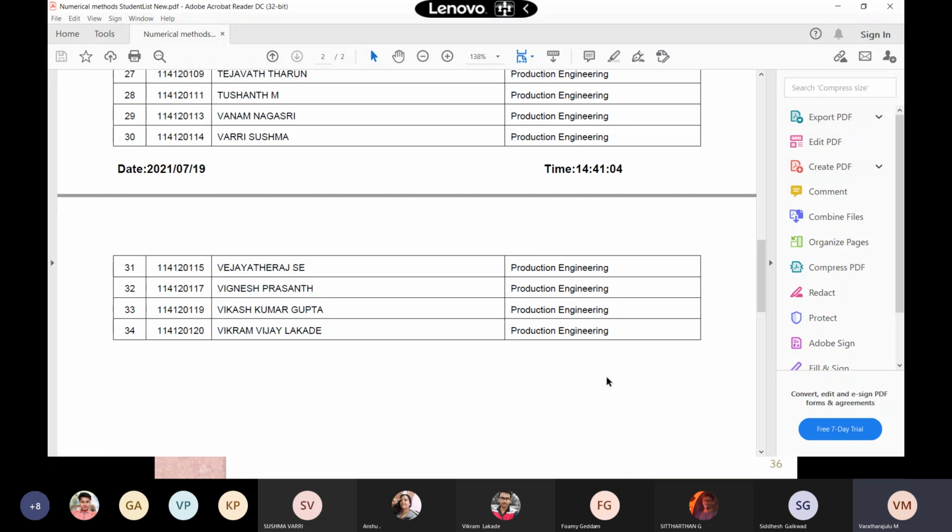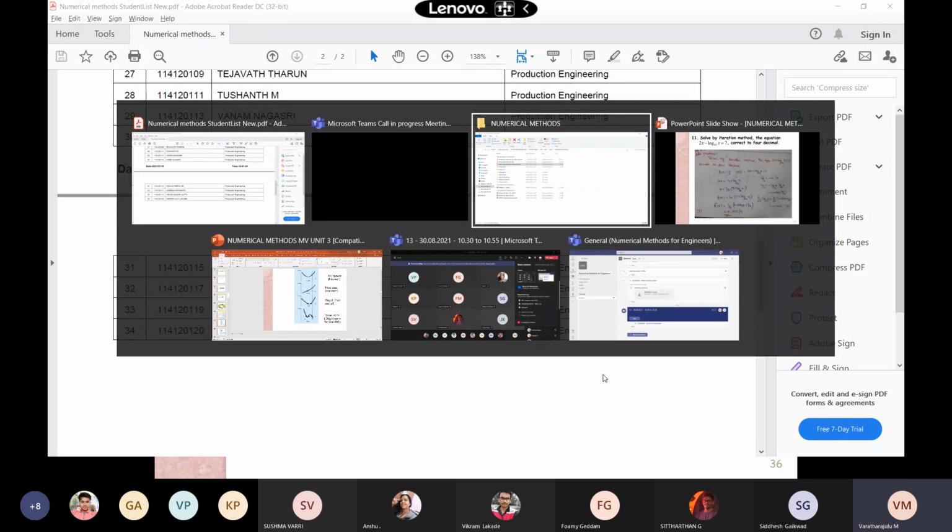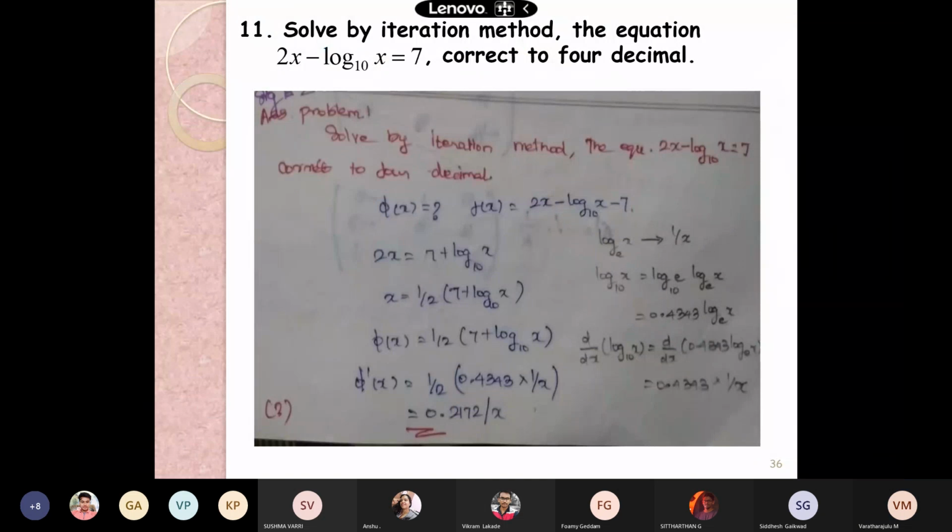Yes, from 115 to 120. Vignesh, Vikash Kumar, Vikram, Vijay Lakadia, Vijay Tiraj. Please unmute your mic and join with us till the end.